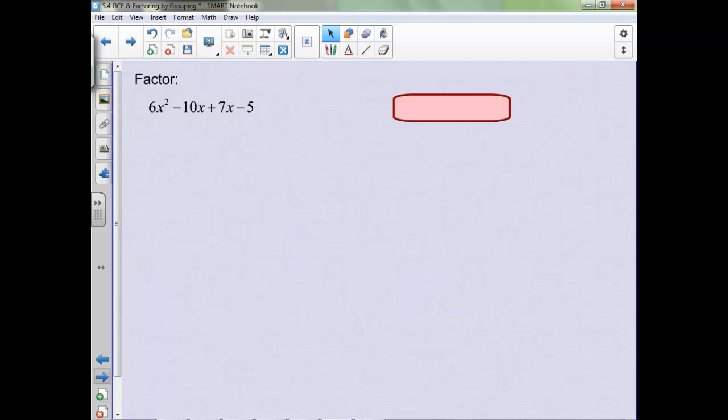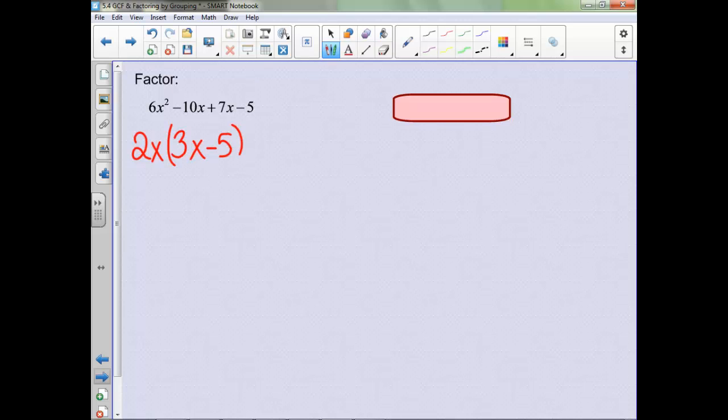Alright, same idea here. Let's start with the first two. The GCF is going to be 2x. We're left with 3x minus 5. But notice these second two don't have a GCF, so that one's not going to work. What about if we did these two? And then, so let's start with taking a -5 out.